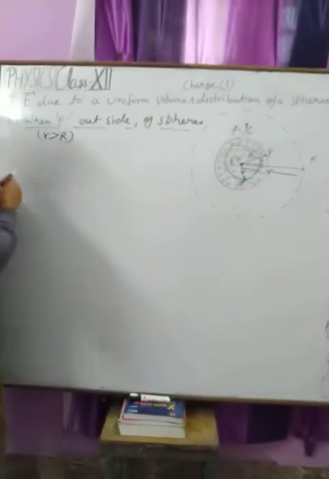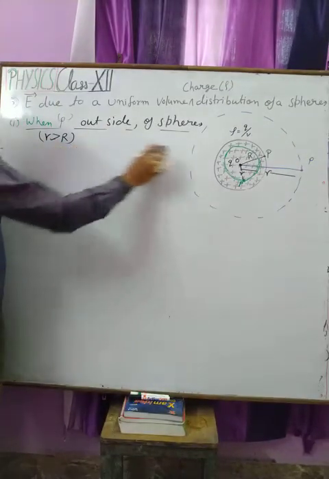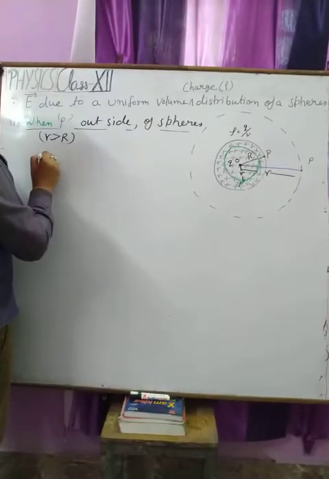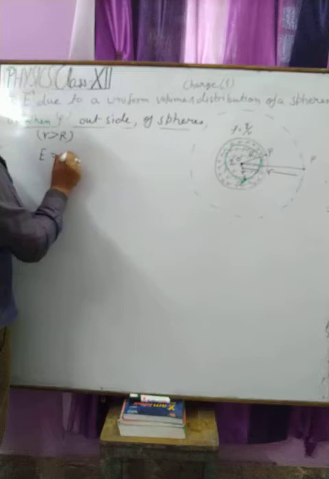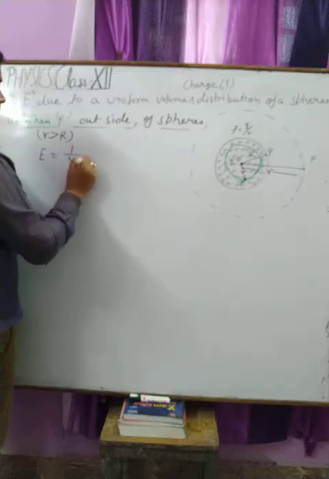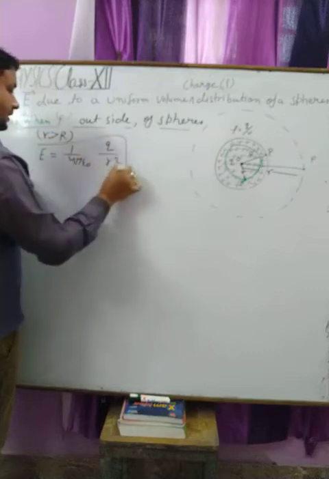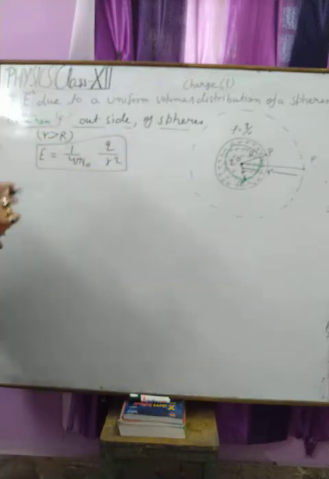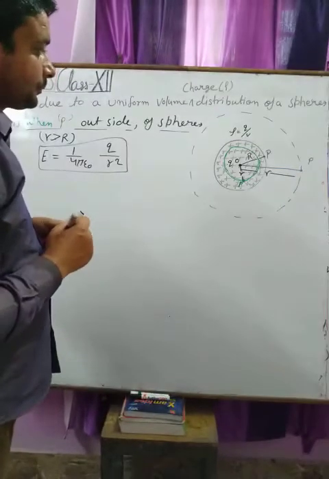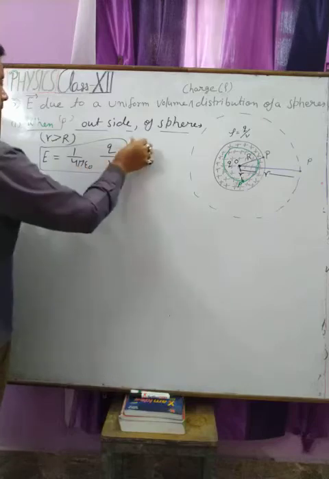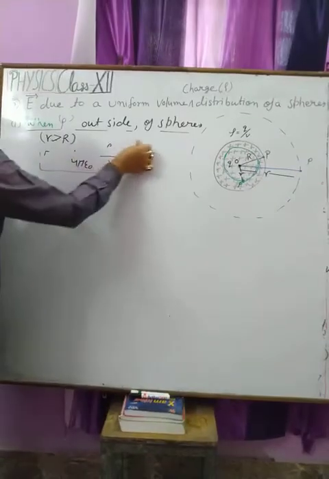Okay. Now we are finding the electric field due to this volume charged spherical sphere, that is given by E is equal to 1 upon 4 pi epsilon naught q upon small r square. This is, students, exactly the same as you calculated earlier, I am solving it for you.